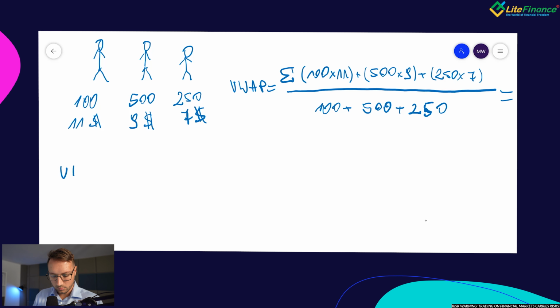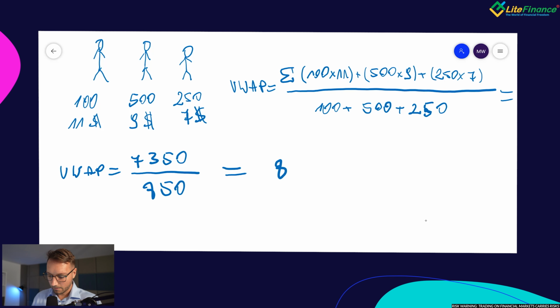So the VWAP equals 7,350 divided by 850. So it is 8.65.